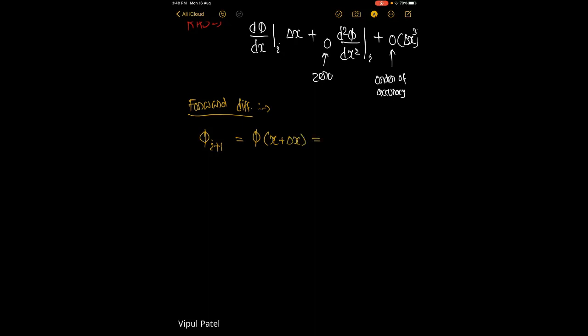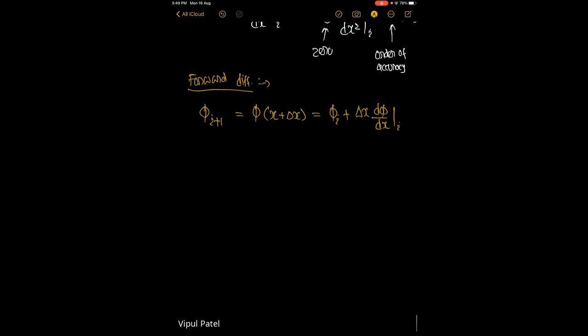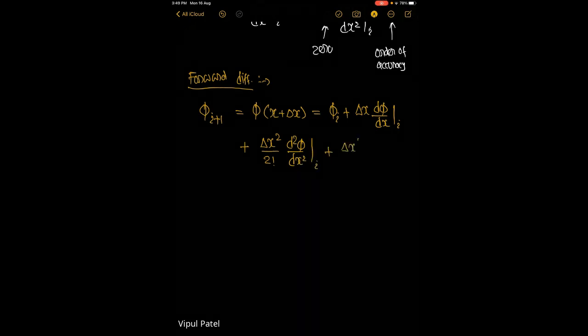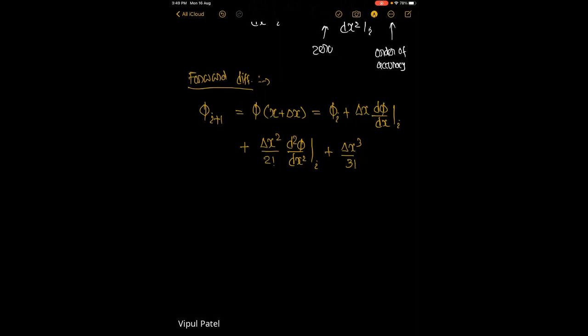So I can say that it equals phi I plus delta x into d phi by dx at I plus delta x square by 2 factorial, then d square phi by dx square at I, plus delta x cube by 3 factorial, d cube phi by dx cube at I, and so on.